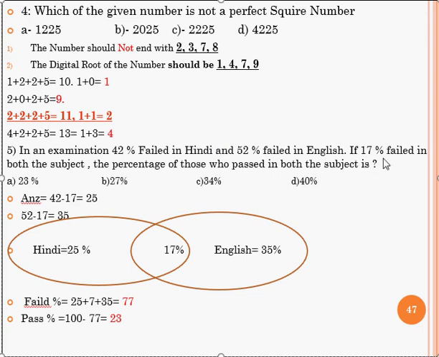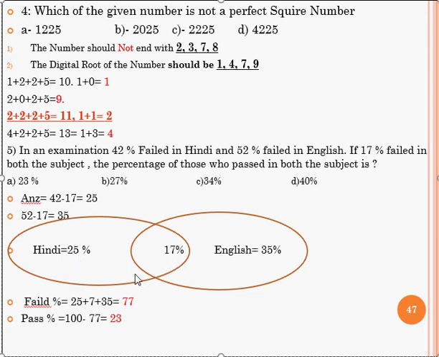So first, 42 minus 17 is 25. In Hindi only, 25 percent of the students failed, and 52 minus 17 is 35 percent of the students failed in English only, and 17 percent failed in both subjects.